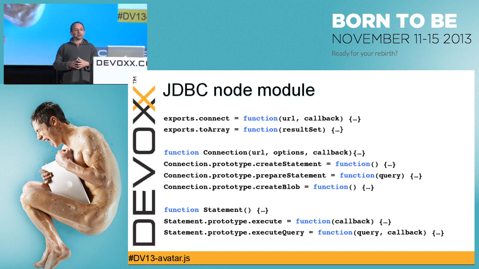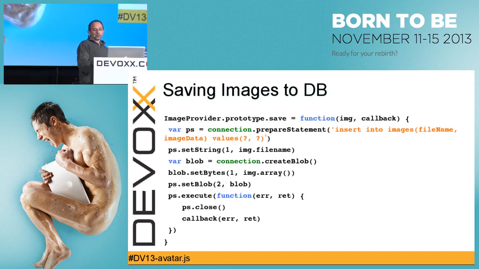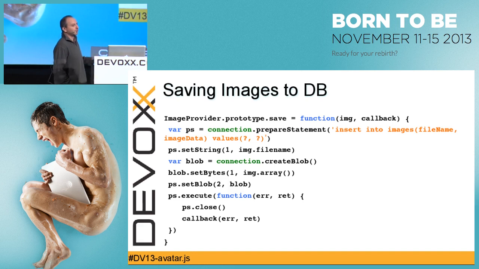And the statement class that is wrapping the Java statement with two asynchronous execute and execute query methods. So, another example of how to use this API and save an image to the database.